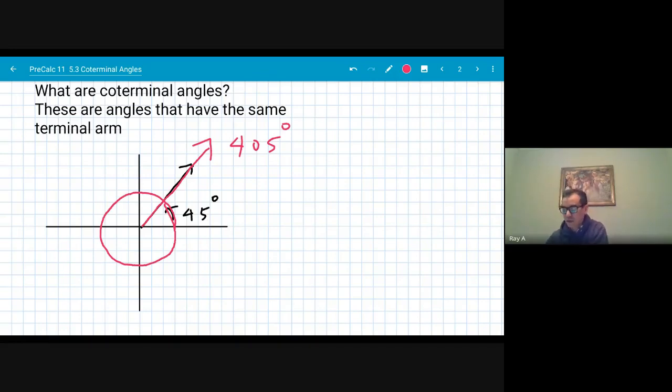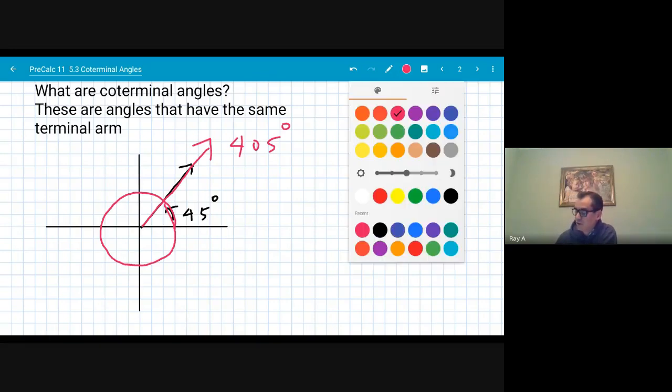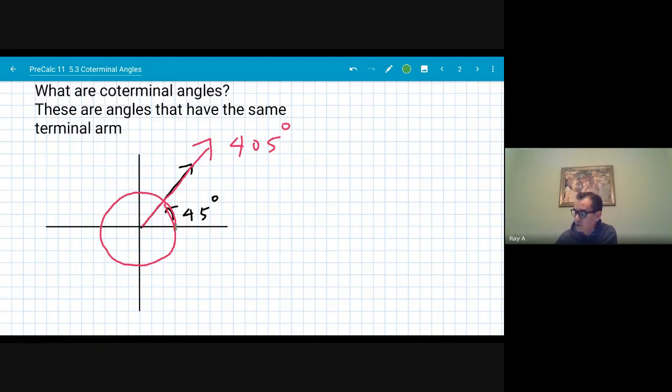Remember that you can just go around and around, and as you go around, you are really adding 360 degrees every time. What about another one? If we do it again, we go around 360, we go again, that's 720, and then we stop here.